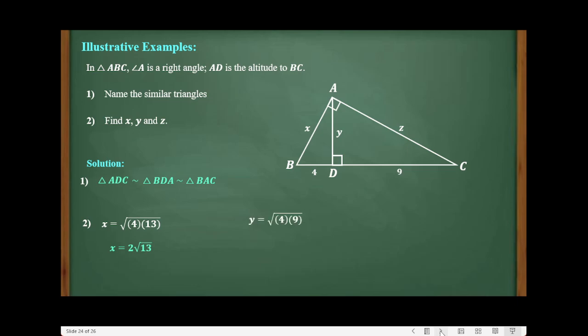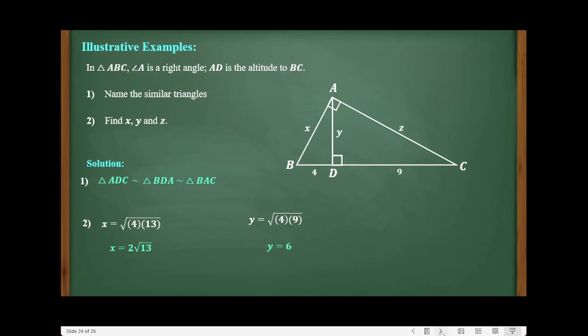Now, to get the length of the altitude, segment AD denoted by y, that is the square root of the product of the lengths of the two segments of the hypotenuse, and these are 4 and 9. If we simplify the answer, the value of y is actually 6.